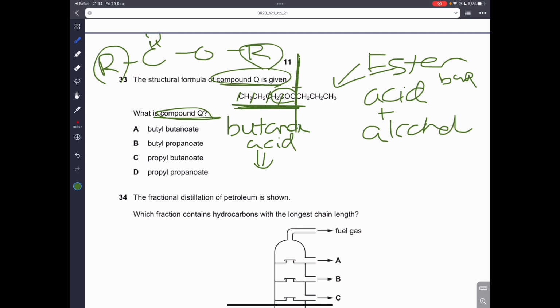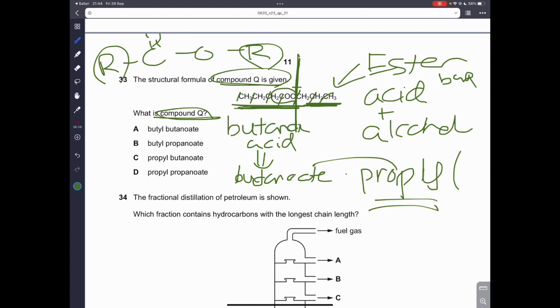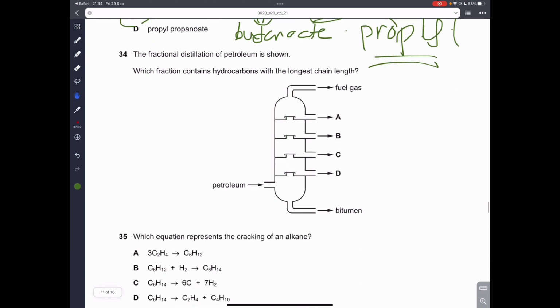They're going to form the butanoate. And here the naming is given here because there are 3 C's. So this is basically going to start with prop-something, and this is going to be a propyl group. So it's going to be propyl butanoate. So C is the correct answer for 33.